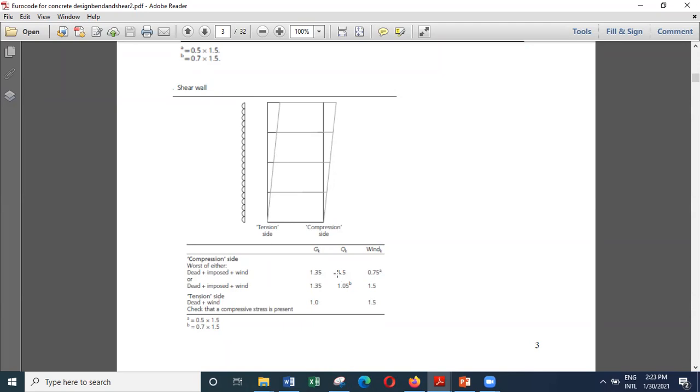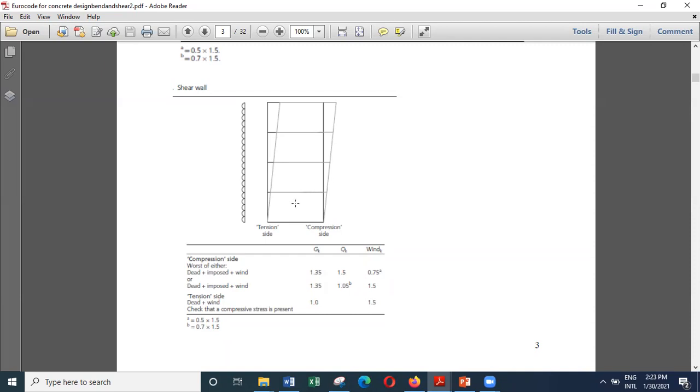So then we also have to look at what happens here on the compression side. And on the compression side, there can be two situations. One is the permanent load is anyway acting, and the variable vertical load also can go into a maximum.